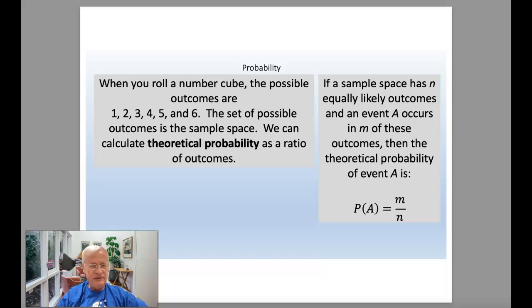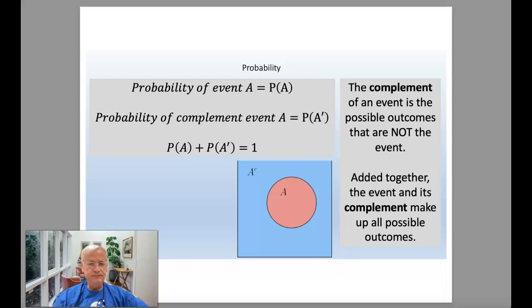The event you're interested in measuring, how many times did that occur over all of the possible outcomes. The probability of an event A happening, we usually write as P, the probability of A, with A inside parentheses.